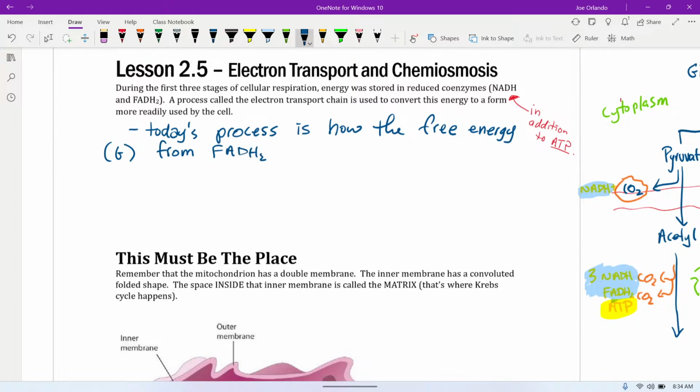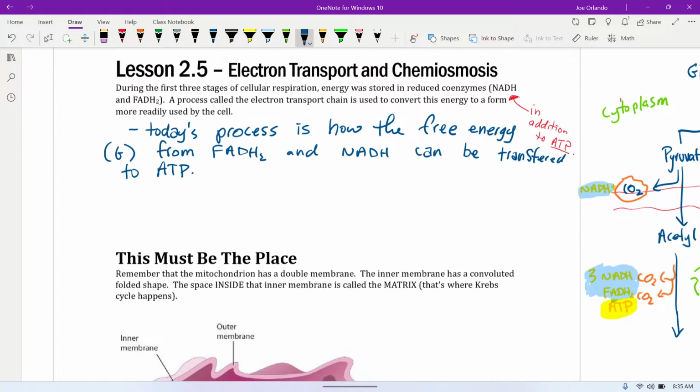FADH2 and NADH can be transferred to ATP.